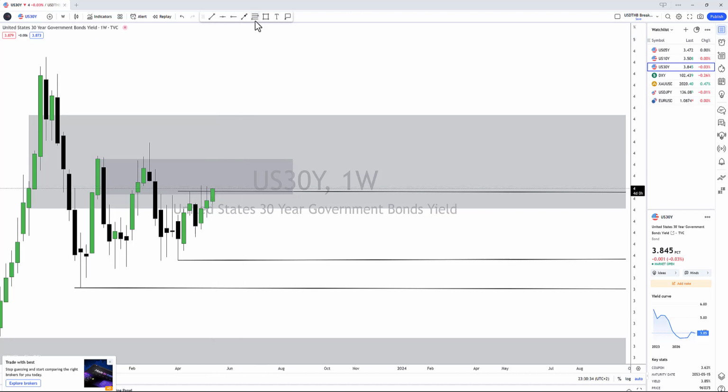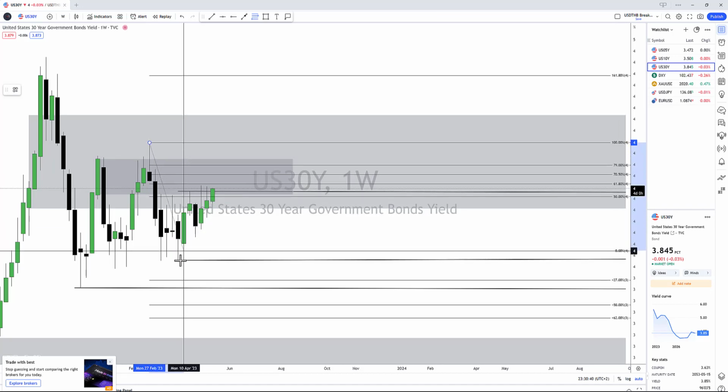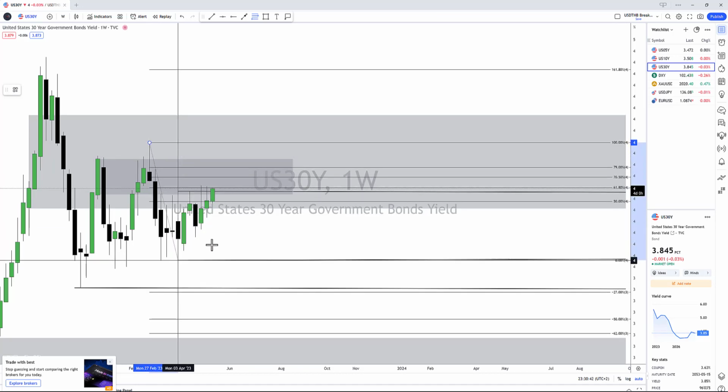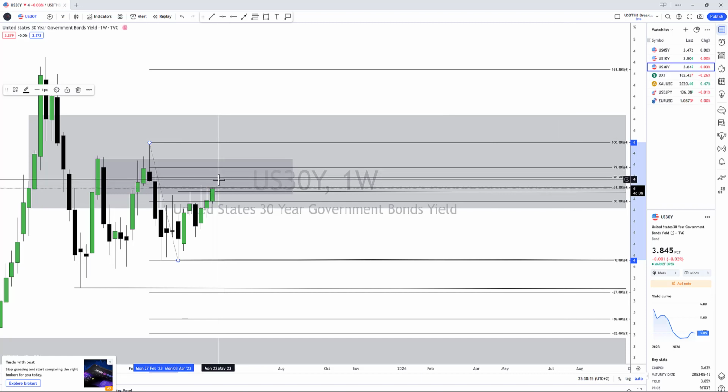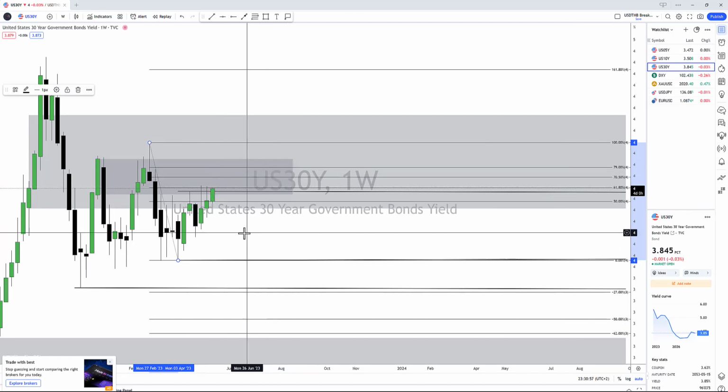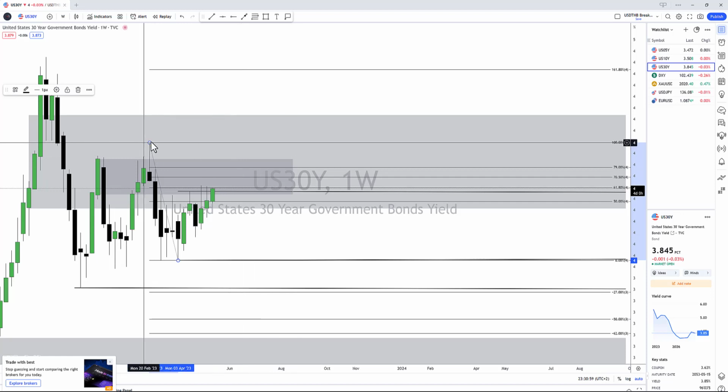See, you can even grab your fibs if you're not sure, grab your fib high, fib low. You can see there's optimum trade entry, 62% retracement level. Expect price to find resistance in here for a push to the downside. Where's your stops? Above this high, right?